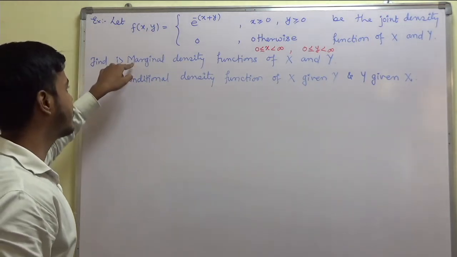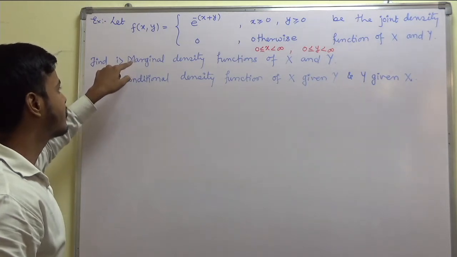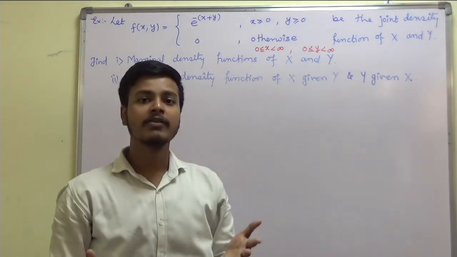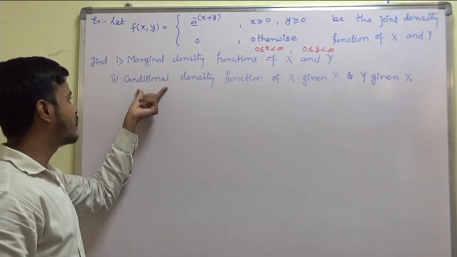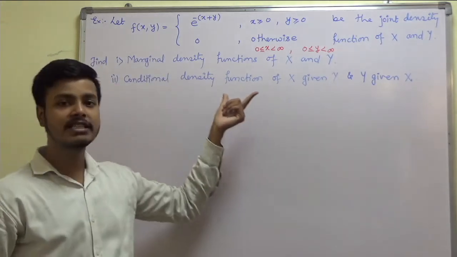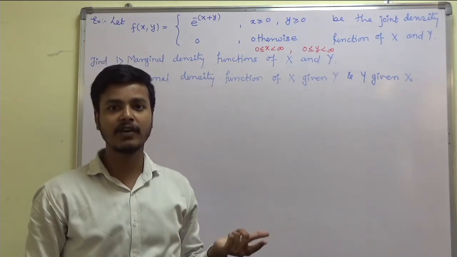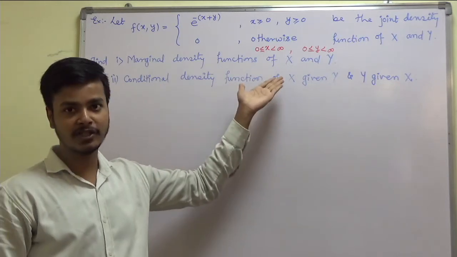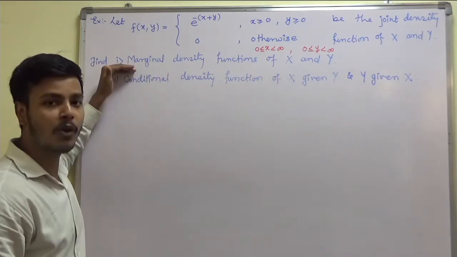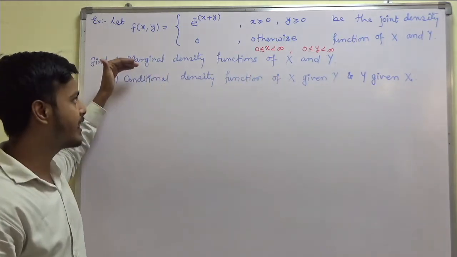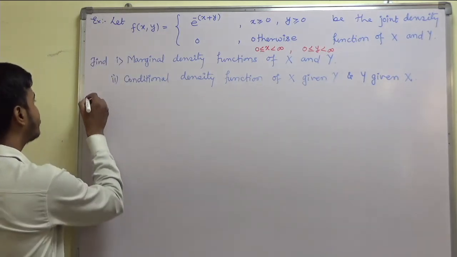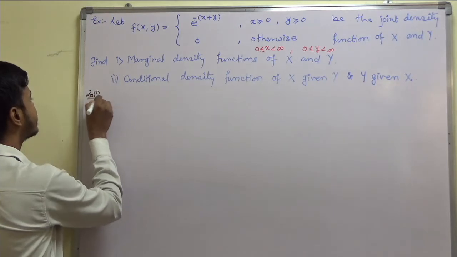Whether it is given or not, you have to find out the marginal density function of x and y, because to find the conditional density function of x given y or y given x, you need the marginal density function. So let us find out first of all the marginal density function.